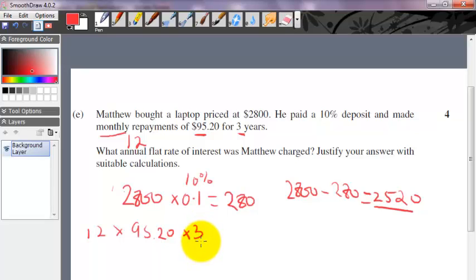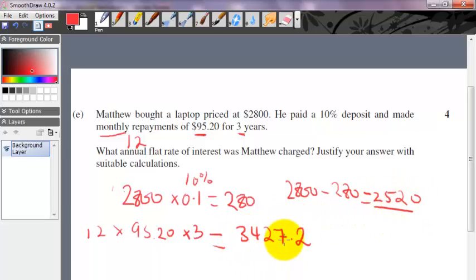Times by 3, right? Yeah. Do you get why I did that? Yeah, because for 3 years. So we're going to get 12 times 95.20 times 3. So altogether, at the end of 3 years, this is how much is actually paid. Ready? 3,427.2.